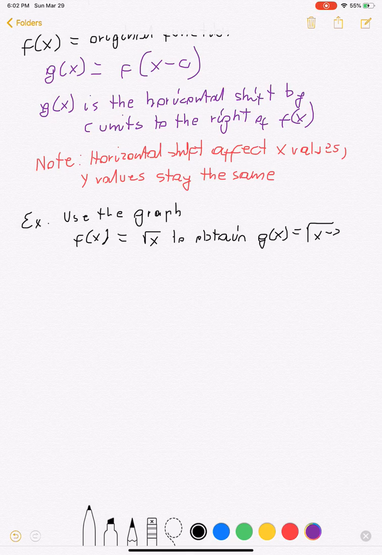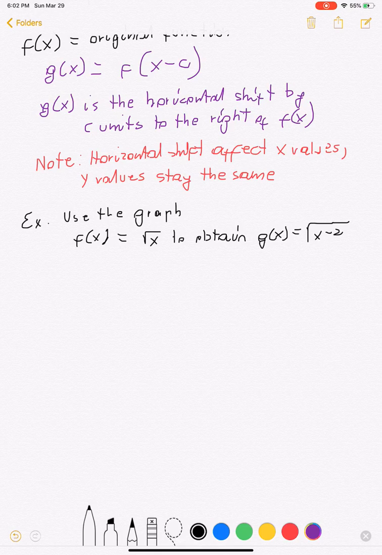So how are you going to know that you have a horizontal shift? The change is going to affect the x. So you're going to see the change right next to x. You're going to see x plus 2, x minus 2, or of course a different coefficient. So that's how you're going to know that we're dealing here with horizontal shift.